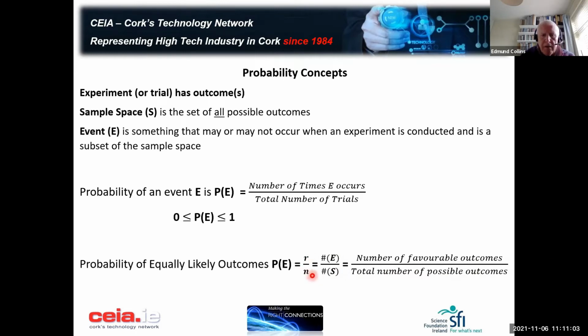So N here being the total number of possible outcomes and R the number of favorable outcomes. So, you know, what are we hoping to find or achieve? A little different to what we've been looking at earlier, but you'll see now that the calculations, certainly for combinations, are the same as what we did in the first part of the tutorial.